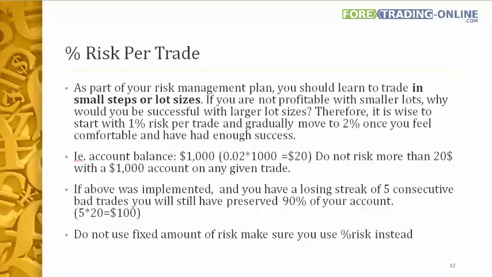For example, if the above was implemented and you have a losing streak of 5 consecutive bad trades in a row, you will have still preserved 90% of your account, right? So 5 times 20 is $100. So this is in essence what could be expected when you're a trader.